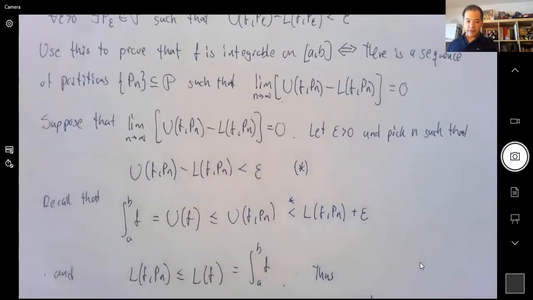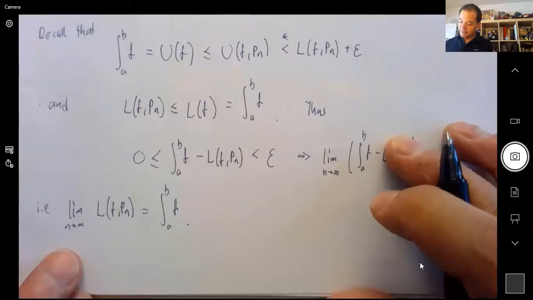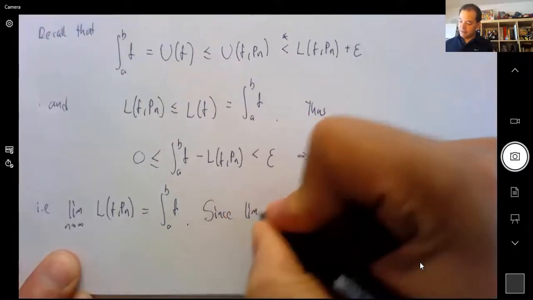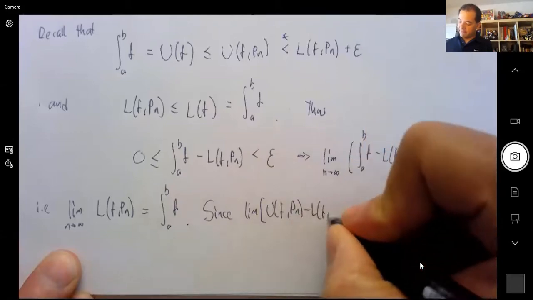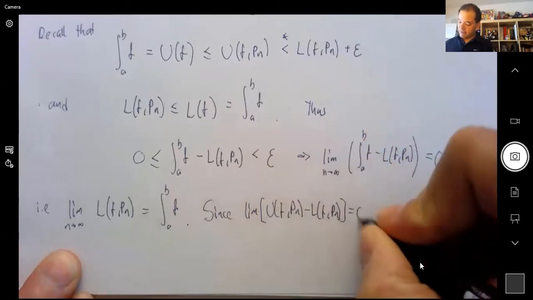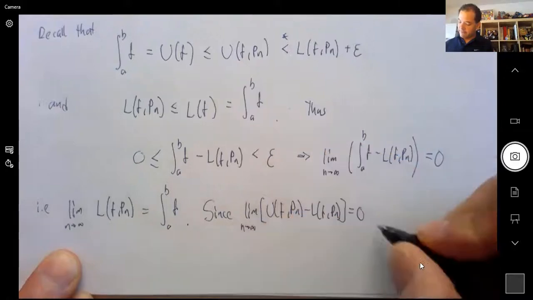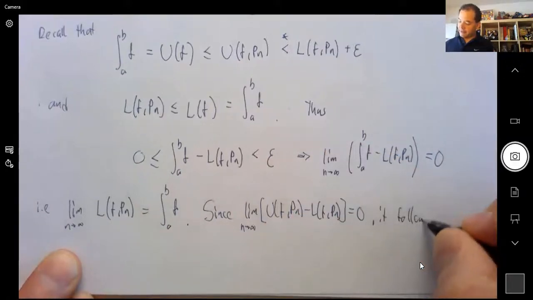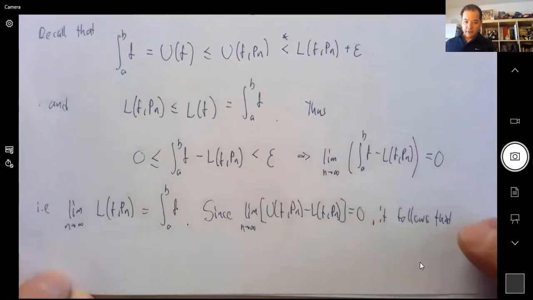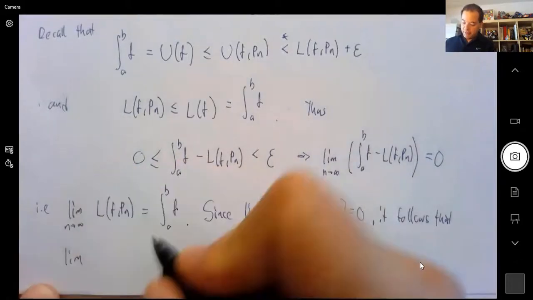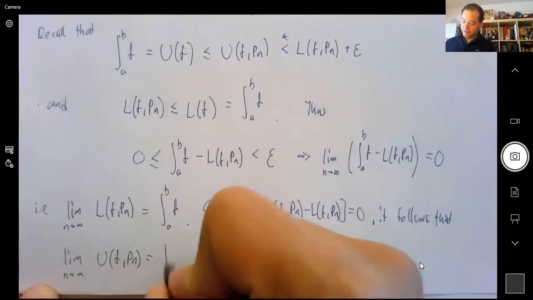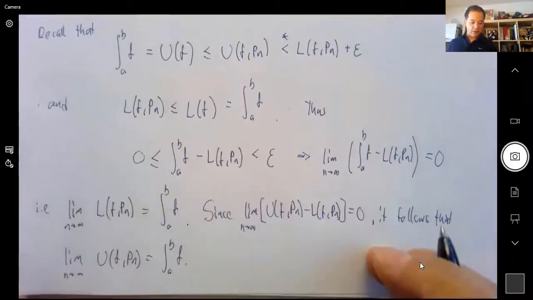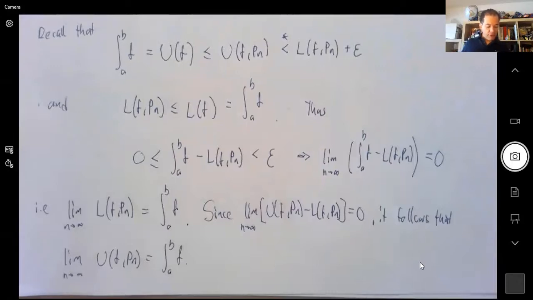So I'm just going to write here at the bottom, since the limit of the U minus the L is 0, it follows that the limit of the U's is also equal to the integral. Okay, all right. So we did a bunch of work.